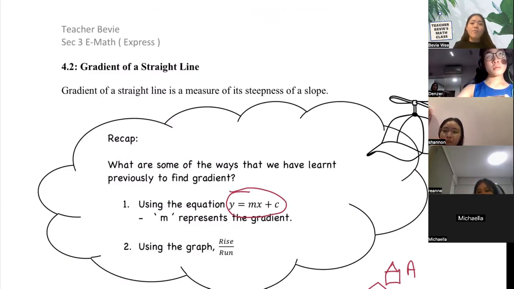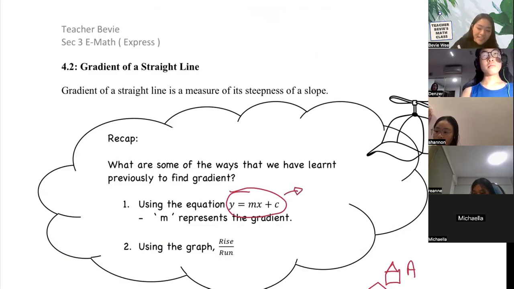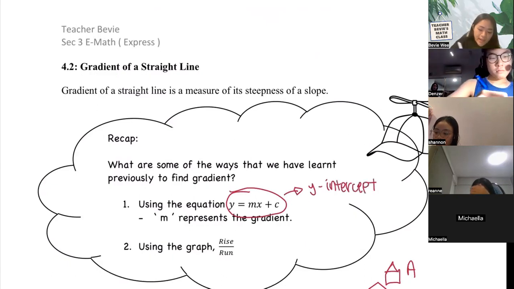Denzel, m represents what? Gradient. And your c represents? Constant. What kind of constant is that? The y-intercept. Correct. Very good job, Denzel. So this is your y-intercept, and this is your gradient.